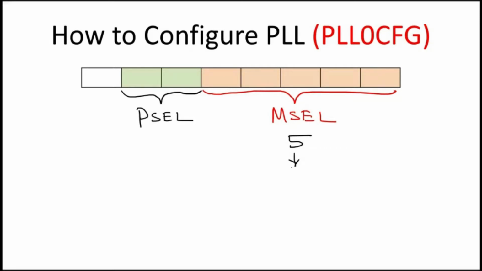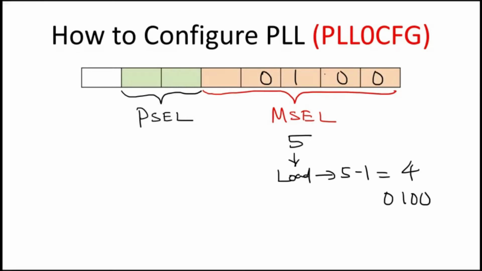What is the value that we should load? We should load 5 minus 1, which is equal to 4. What is 4 in binary? 0, 1, 0, 0. I simply add another 0 in front of it because it is not going to change the value. So this is the M select value that I load into the PLL0 config register.